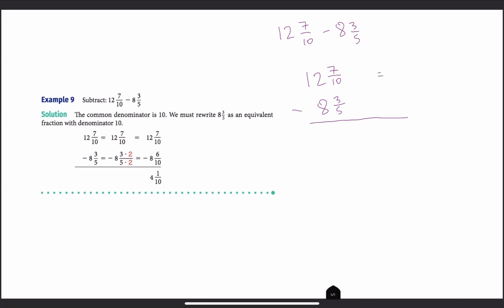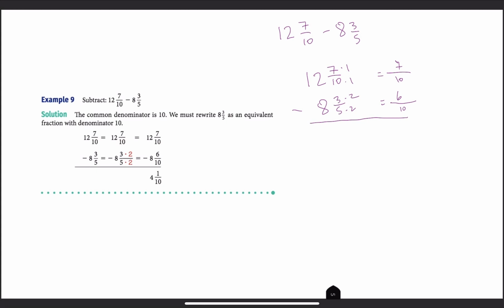And then let's come up with a common denominator, because 10 and 5 aren't the same, so they both have to go into something. They both go into 10, because 10 times 1 is 10, so that one won't change. And 5 times 2, so I have to double the top as well, so 6/10 is the same as 3/5.